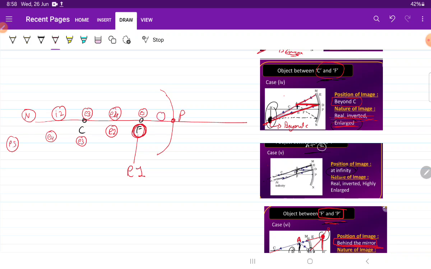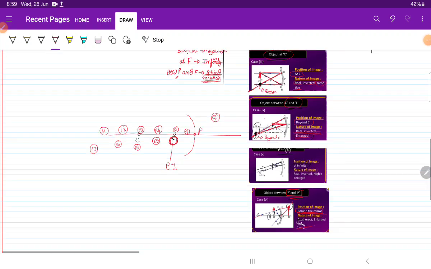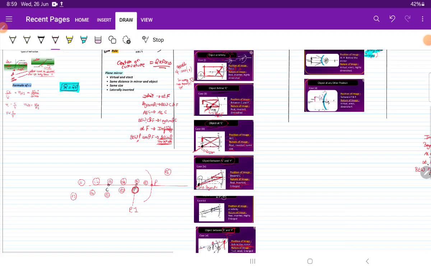Image 6: the object is between P and F, and the image will be made over here behind the mirror. Okay, so here is the shortcut tree to remember all the positions of the image and object.